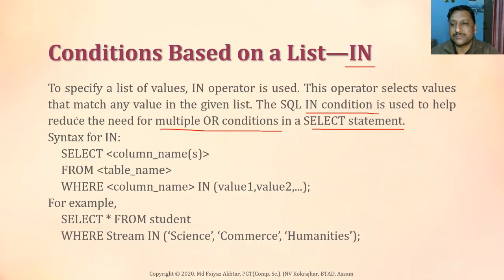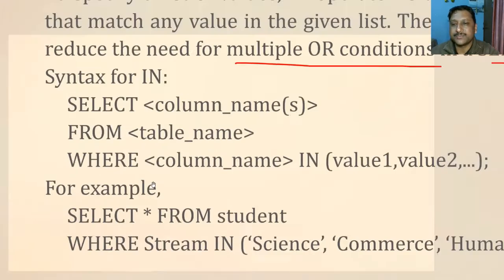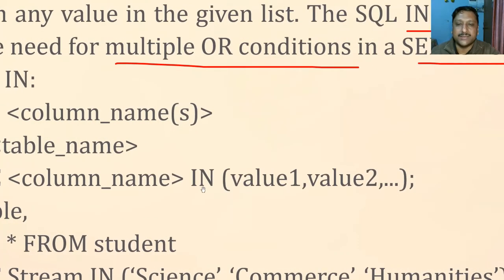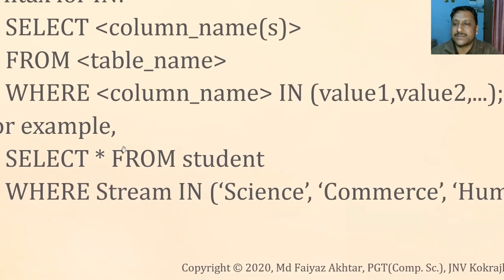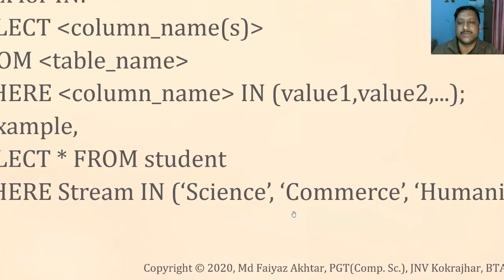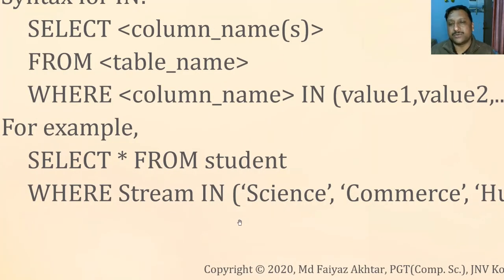So the syntax for in operator is like this. Okay, select column name from table, where column name, and then in you have to give, and within bracket all the values you have to give. Okay, so example here, select a star from a student where a stream in science, commerce, humanities, like this you have to give. Okay, here stream is giving, we want to show you marks also. Okay, in marks you can see, or you can see the particular roll number of students.